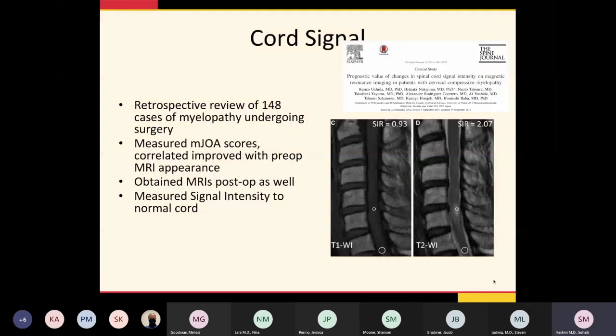In a retrospective review of 148 patients undergoing surgery for cervical myelopathy, this study from 2014 looked at not only the modified JOA scores, but also the radiographic appearance of signal attenuation in the MRI findings of T1 and T2 to see if there's any correlation in their prognostic outcomes in these patients.